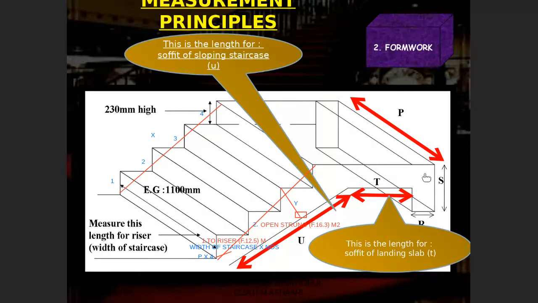Open string has to be measured in F1.16.3, but please take note of the category for F1.16.3, either the sloping is not exceeding 15 degrees or exceeding 15 degrees from horizontal. So that is item number 2.